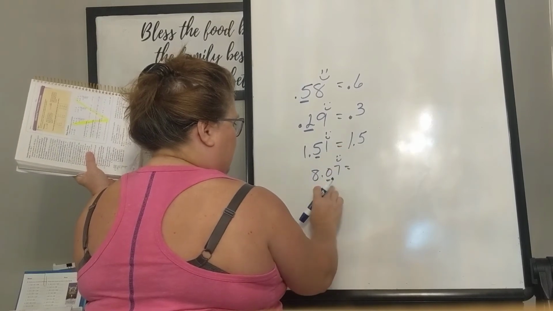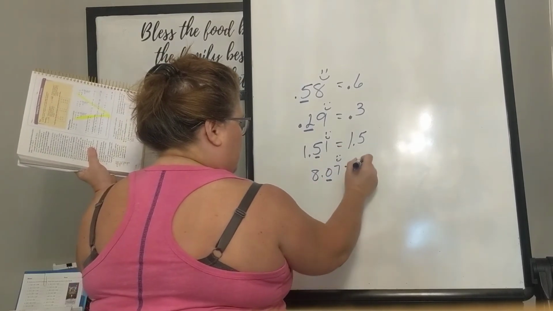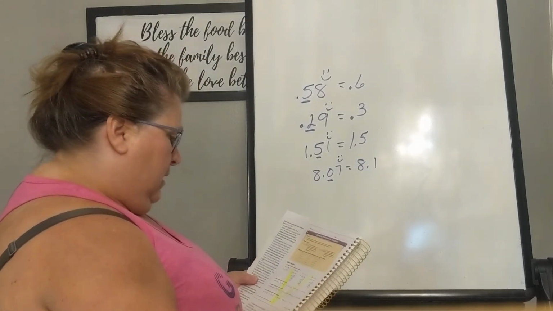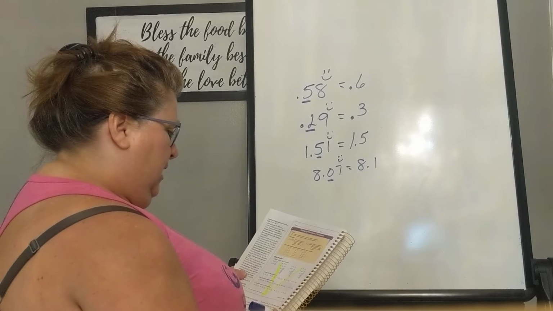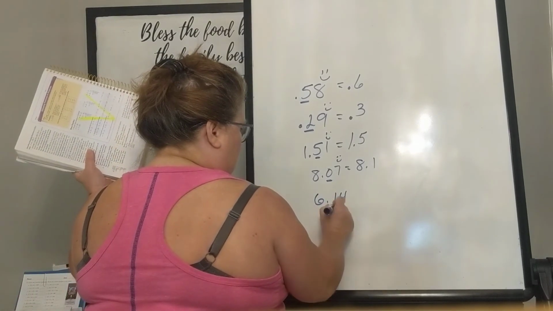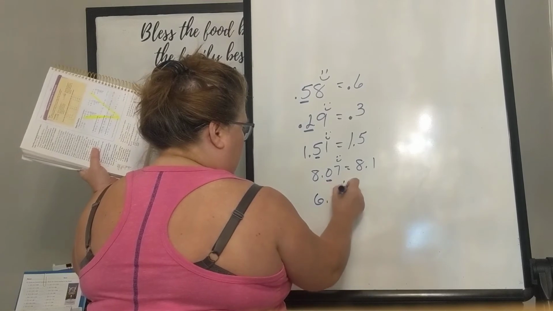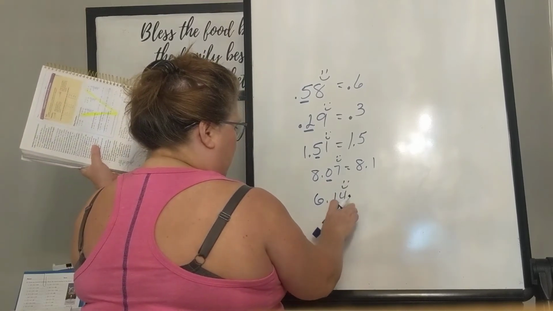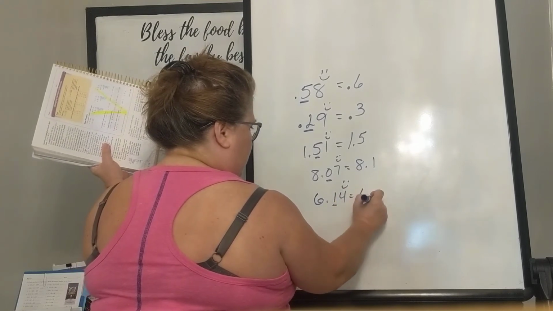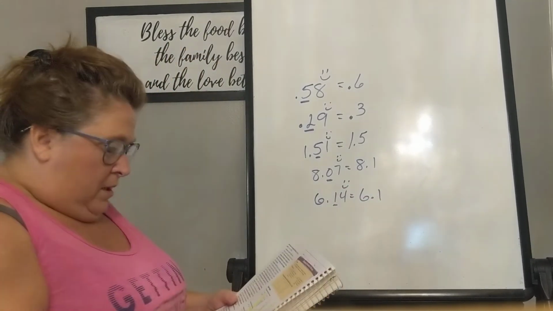It's 5 or above, so we add 1 to our tenths place, so it would be 8.1. And letter E, we have 6.14. We're rounding to the nearest tenth. The hundredths place is our looker digit. Less than 5, it tells us just to leave it alone. So we have 6.1.